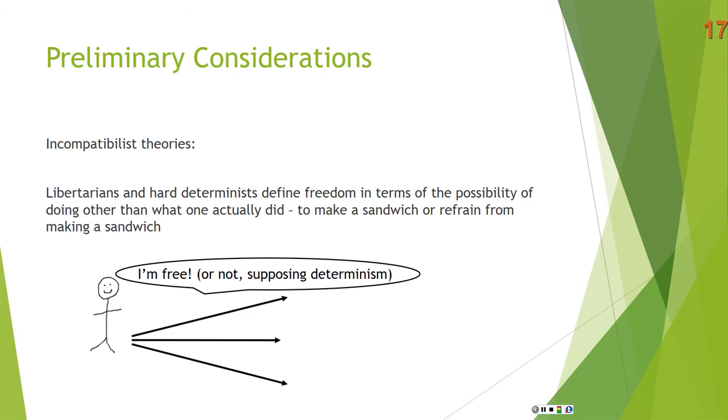This is why they think that determinism and free will are not compatible with each other, right? Because they believe that freedom requires the possibility of doing other than what you actually did. So suppose that today you made a ham sandwich. If you were truly free in that action, says the libertarian and the hard determinist, then you could have refrained from making the ham sandwich.